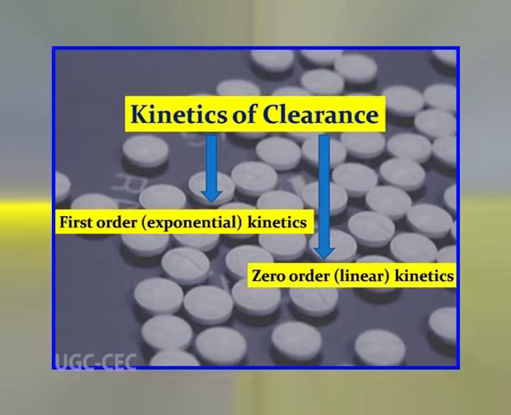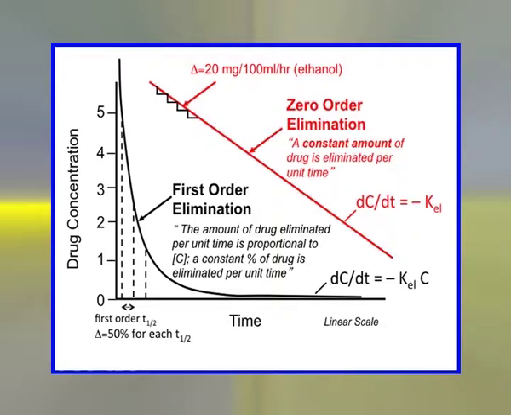Kinetics of clearance follows first order or exponential kinetics. In this case, the rate of elimination of a drug is directly proportional to its plasma concentration. It means that a constant fraction of the drug in the body disappears in unit time.